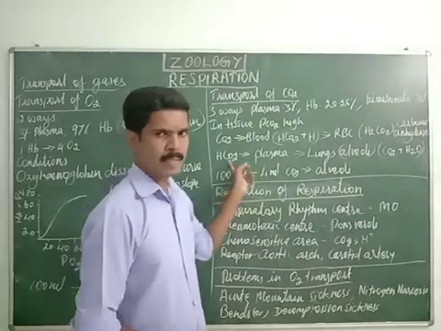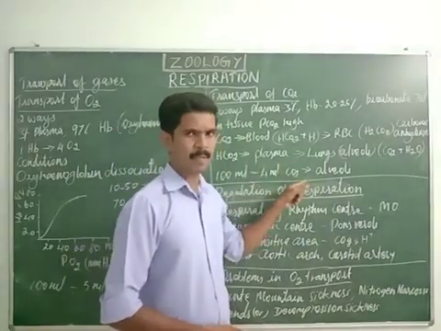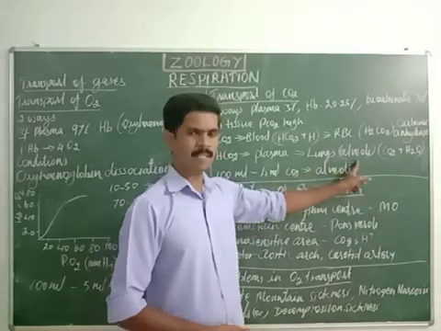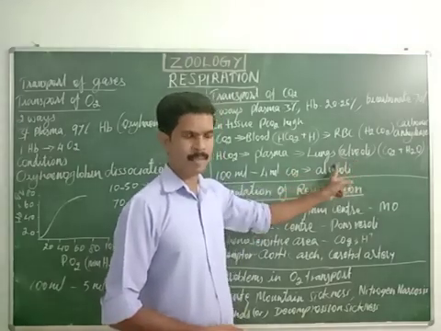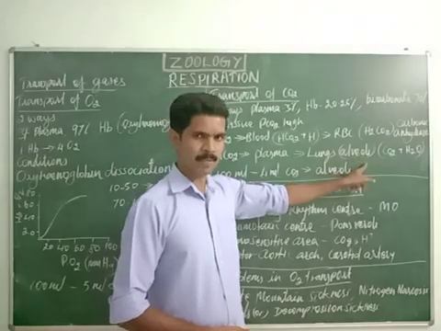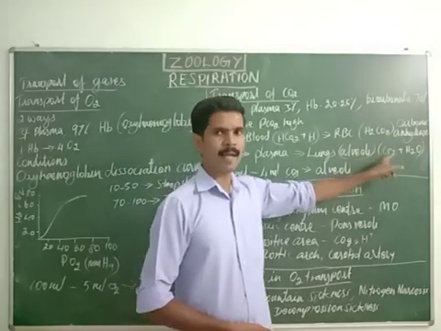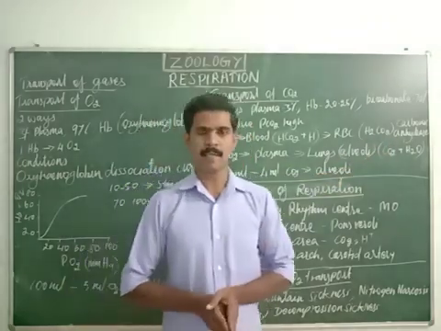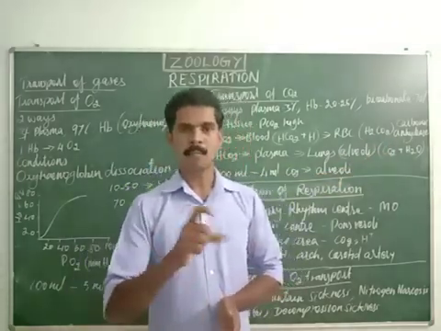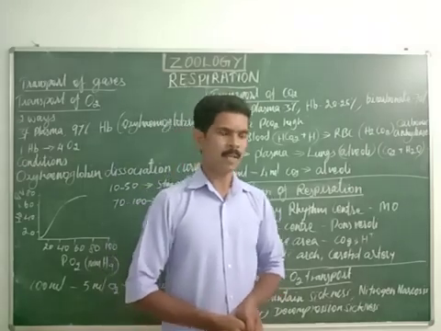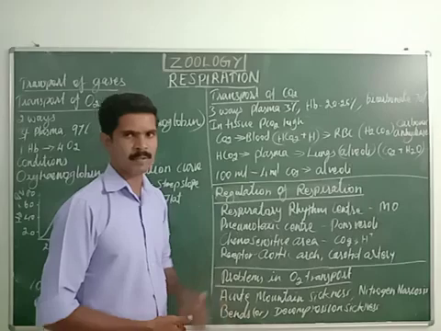The bicarbonate ions enter the plasma of the blood, then are transported to the alveoli of the lungs, where they are changed into carbon dioxide and water by the same carbonic anhydrase. So the carbonic anhydrase enzyme acts in both directions. Hope you understood this point.